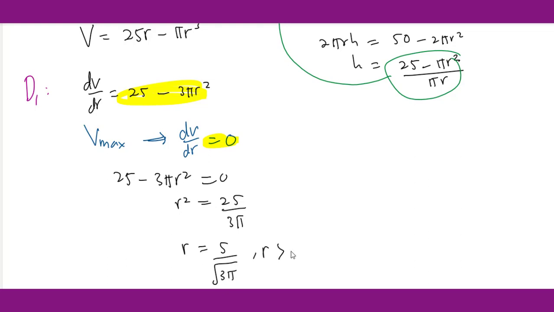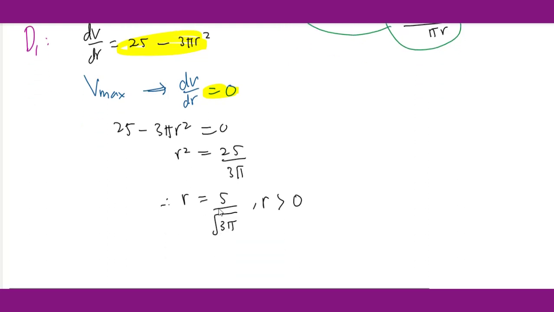And r is always positive, why? Because r is the radius. And this is the value for r when V is maximum.